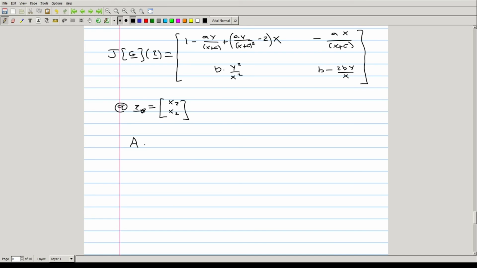The stability of this critical point will be determined by A, where A is the Jacobian matrix of G at psi star. And this simplifies a little bit. The first term becomes 1 minus ax2 over x2 plus c plus ax2 over x2 plus c squared minus 2 times x2.